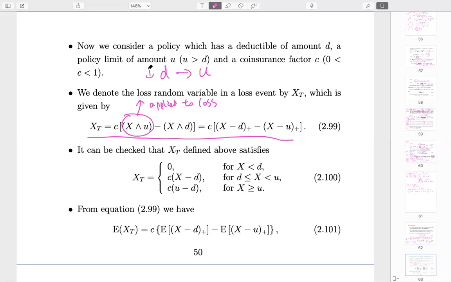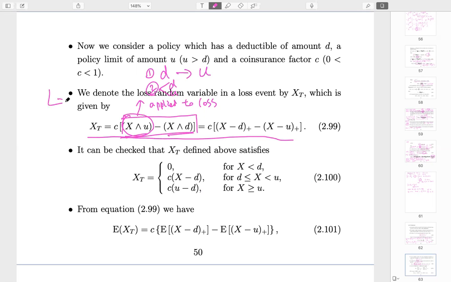Or you can apply at the same time, so the loss is capped, and the loss is also bounded below. Here they actually apply at the same time. So the policy limit U is applied to the ground-up loss. I will be very, very specific when I ask you this type of question, whether it's applied to the ground-up loss or whether U is the absolute amount the policy will pay.